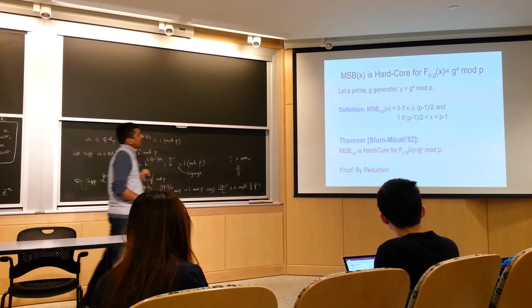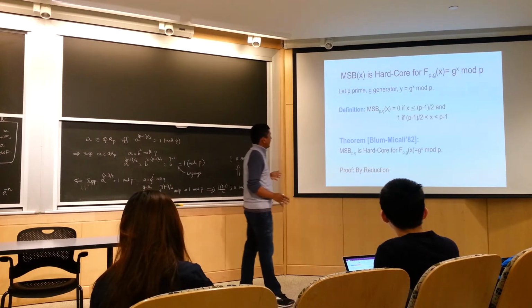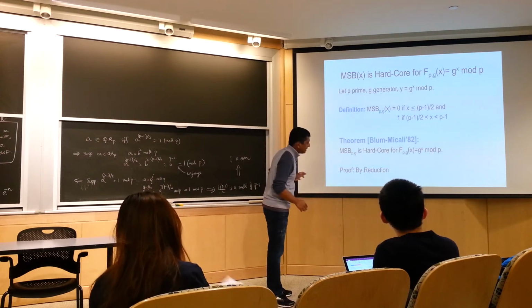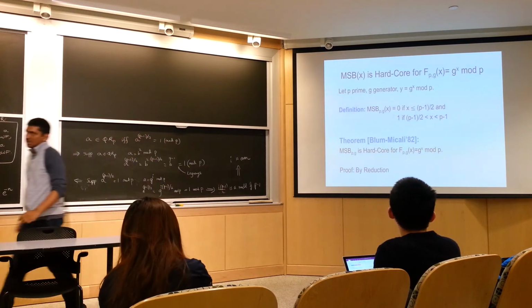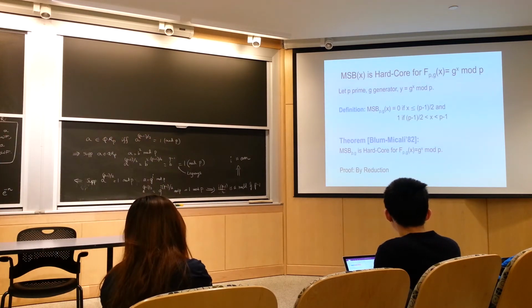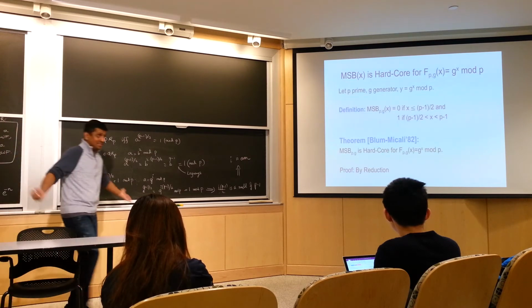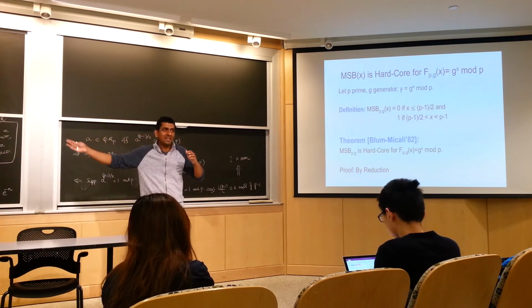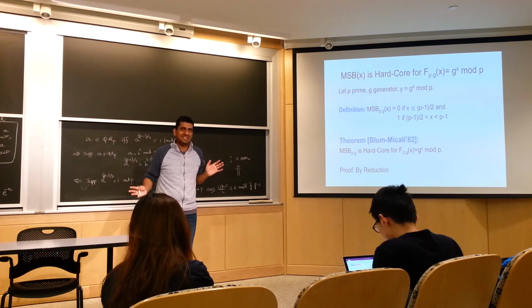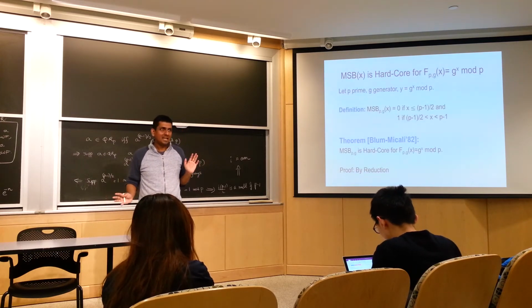Oh, yeah. So I gave away the punchline of the slide. Doesn't matter. Okay, so here's the question. How do I define the most significant bit of x? There's an obvious way to do it. Write down the bits 1, 0, 0, 0, 0, 1, 1, 1. Take the first bit. Yeah, that's the most significant bit.